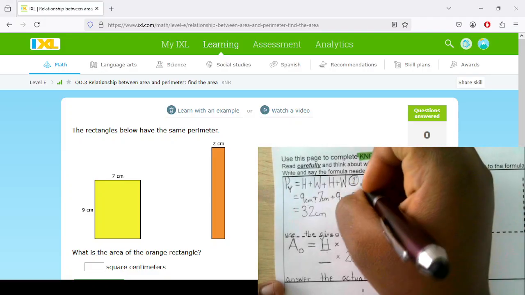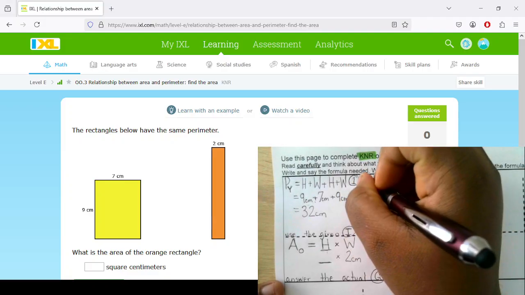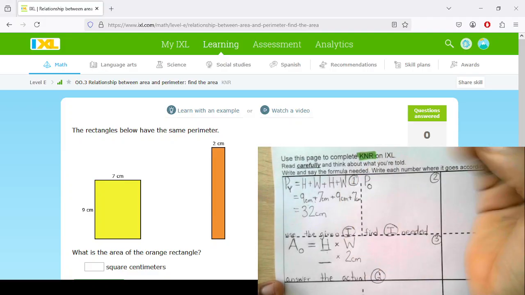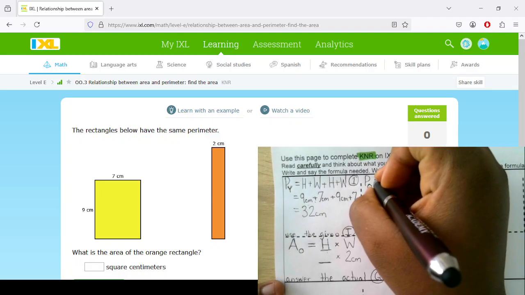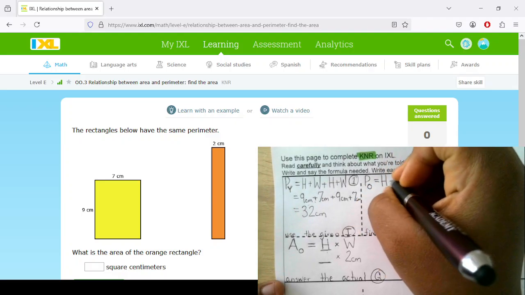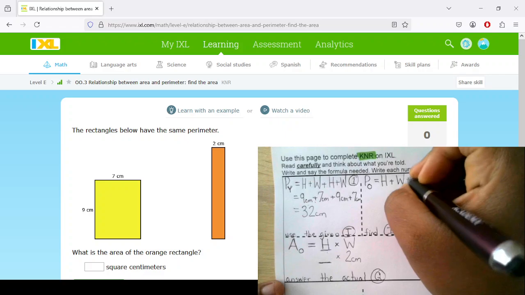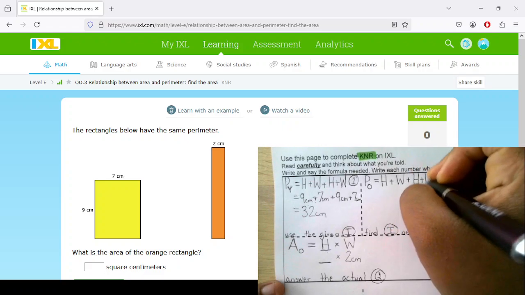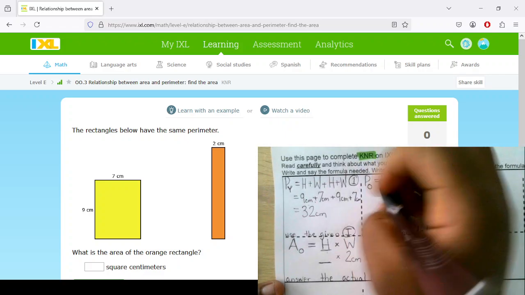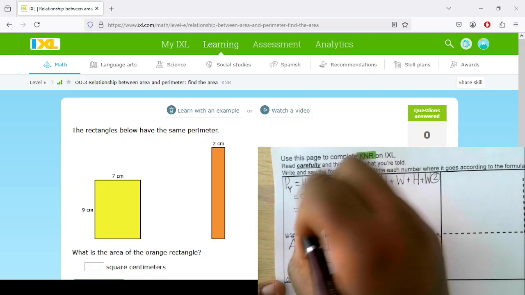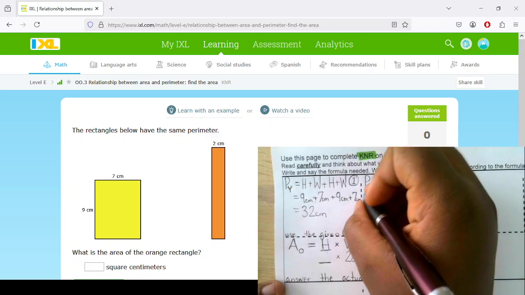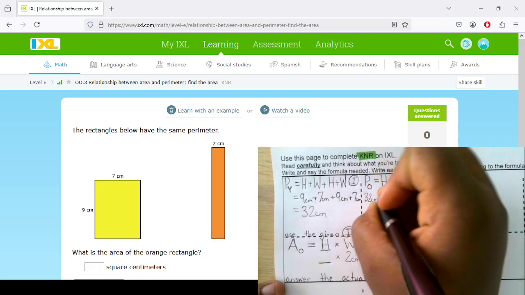Okay, now the perimeter of the orange rectangle, so capital P with a little O next to it for orange, is equal to the height dimension plus the width dimension plus the height dimension plus the width dimension. I know the perimeter because these perimeters are the same, so I'm going to plug in 32 centimeters.